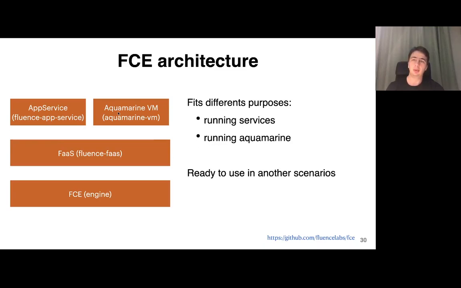And here two services: application services, which are the services we saw on the third slide, and Aquamarine. So this architecture aims to fit different purposes. The first one is running services, and the second one is running Aquamarine.